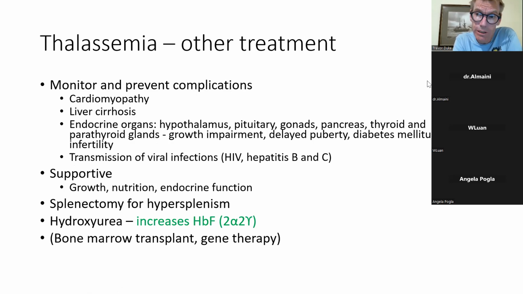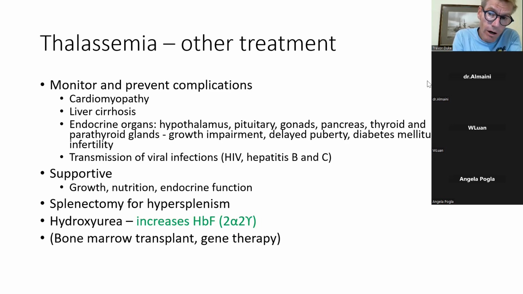The picture of the boy I showed you had both a severe iron deposition in his heart and in his liver, and like many children with thalassemia, they pass away despite regular transfusion from their cirrhosis of the liver or their cardiomyopathy, usually in the teenage years.